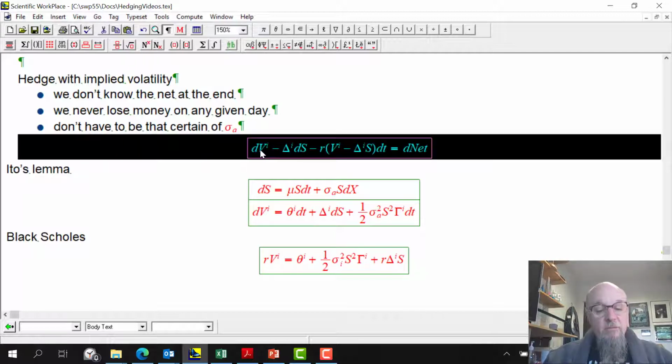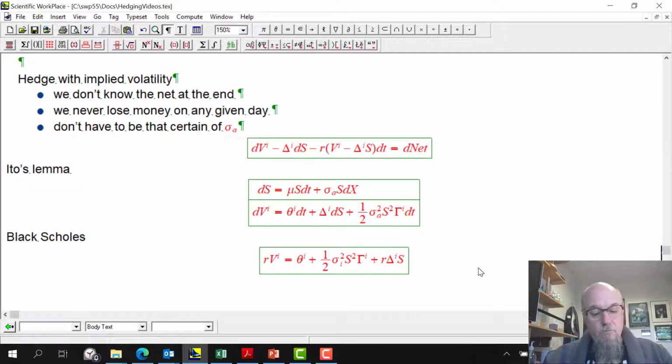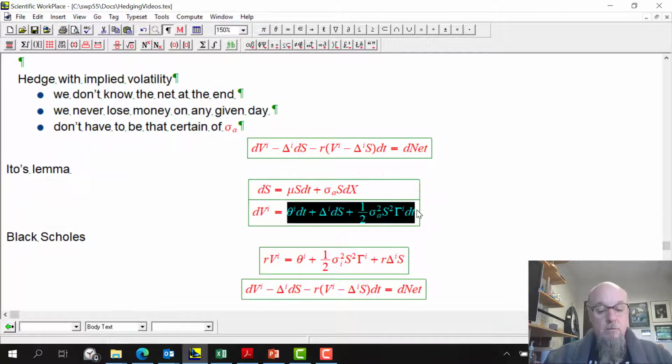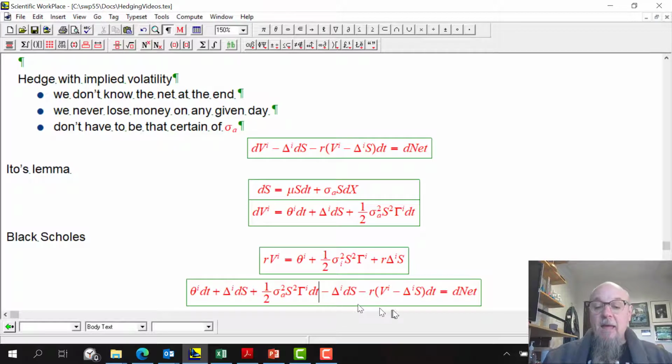So let's replace this dV with this expression from what we derived from Black-Scholes, and multiply this minus r dt through this bracket.